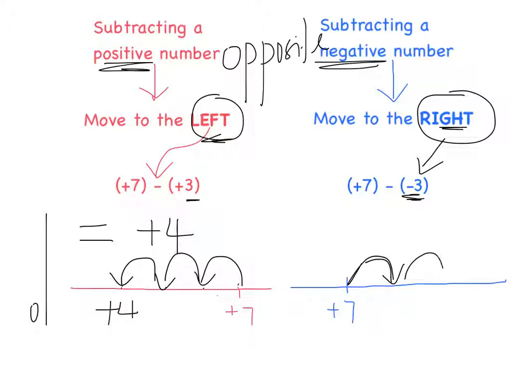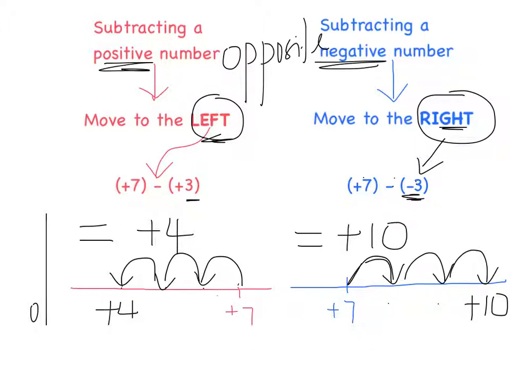1, 2, 3. When we move to the right, the numbers get bigger. Therefore positive 8, positive 9, and this is positive 10. So positive 7 minus negative 3 equals 10.